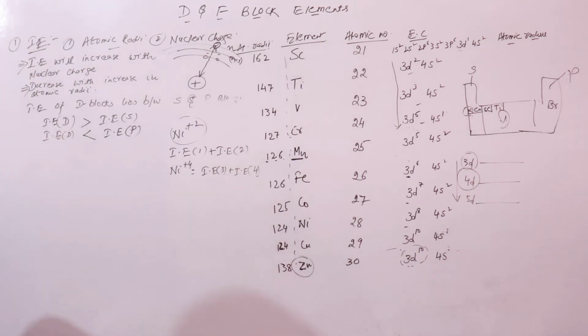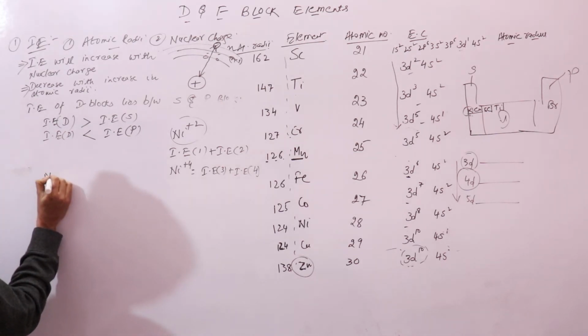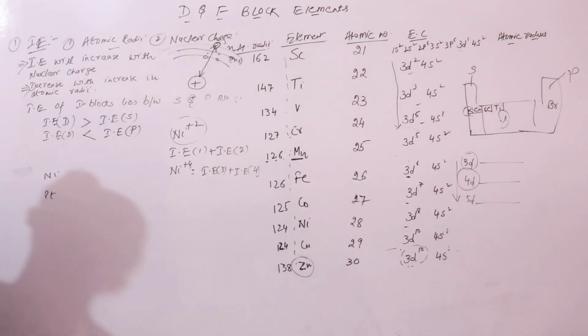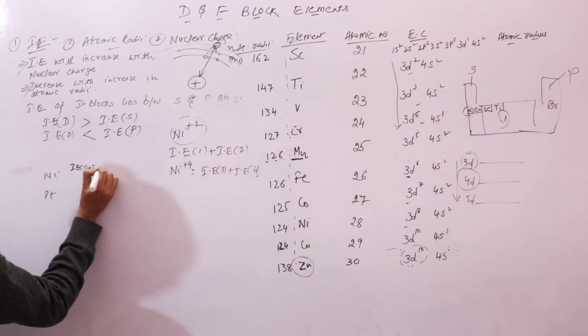For example, let's just look at the data. You have nickel, you have platinum, right? Then you have IE1 plus IE2.